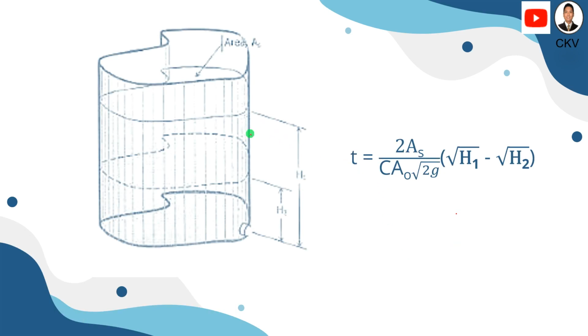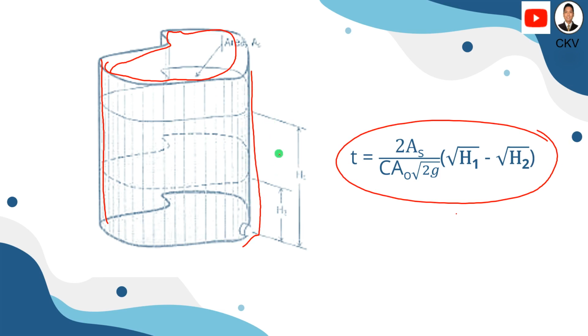If the cross section, or the cross-sectional area of the container, is constant, this is the equation derived from the previous solution: t = 2As over the coefficient of discharge multiplied by the area of the orifice or outlet times the square root of 2g, then multiplied by the difference of the square root of h1 and the square root of h2, or the initial height and the final height.